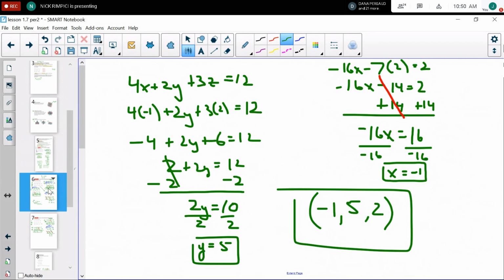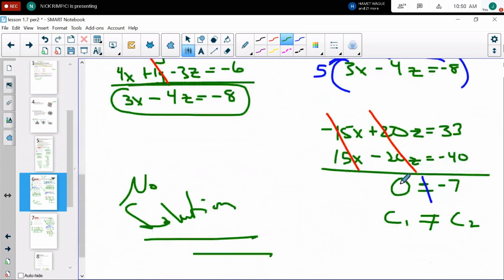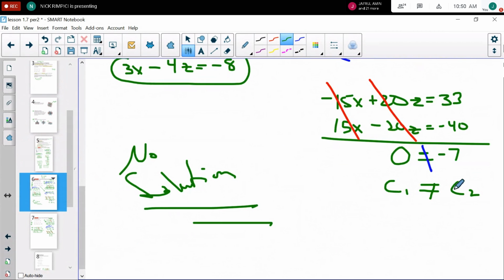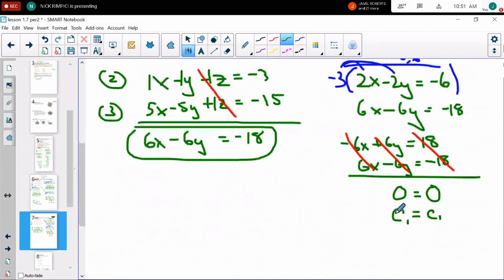Yesterday we tried to work it out and we got a constant equaling a different constant. And when that happens, you can't do any more work. Since these are different, the constant on one side is not the same as the constant on the other, because 0 and negative 7 are different values. There's no solution when that happens. But when we solve and we get constants on both sides and those constants are the same, this is something different.